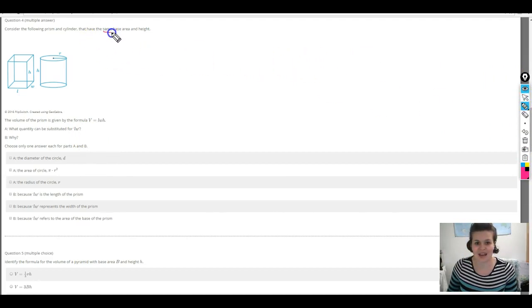They give that they have the same base area and height. So this base area, length times width, is equal to this base area, which is pi r squared. So length times width is going to equal pi r squared.